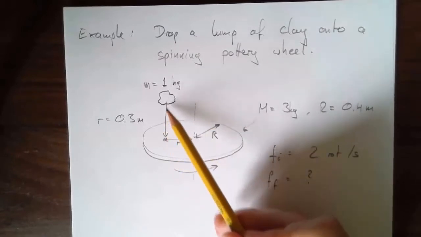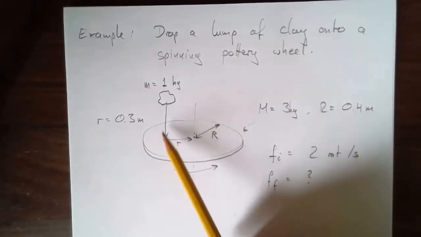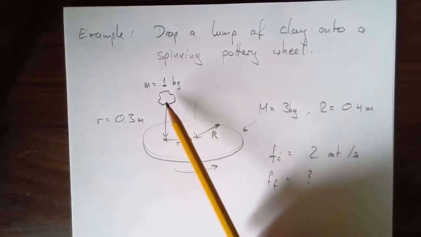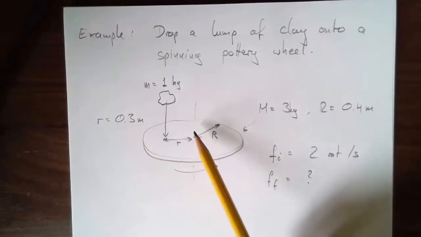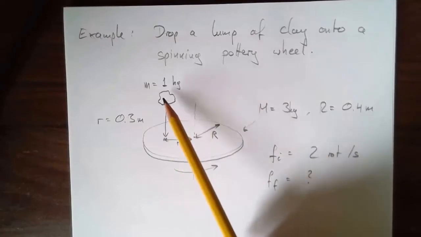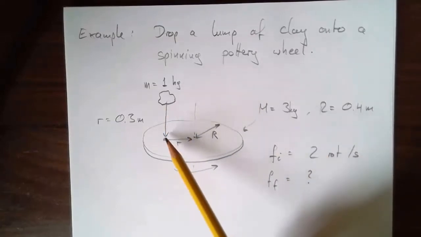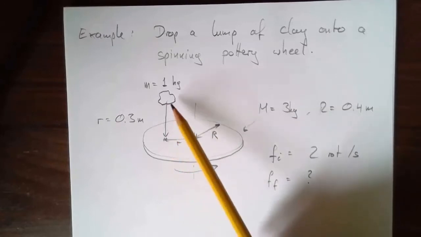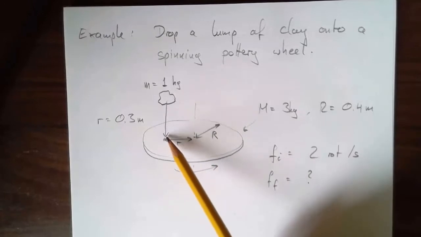It's not spinning initially, so it has to be dragged along by the wheel. Now again, it's going to be friction. I'm going to assume that this lump sticks right away and does not really move across the wheel prior to coming to rest. It's a bit of an approximation, and you can calculate what trajectory it would actually follow if you drop it. It's a little bit more complicated, but for our purposes right now, we're going to assume you drop it and it stays in place.